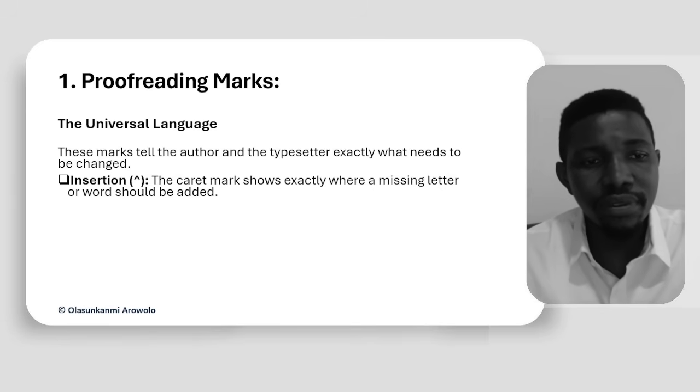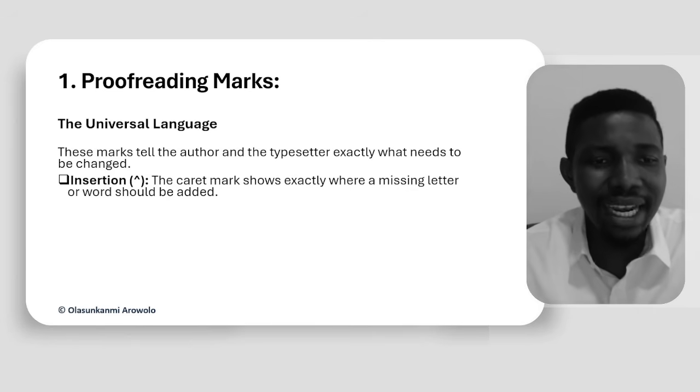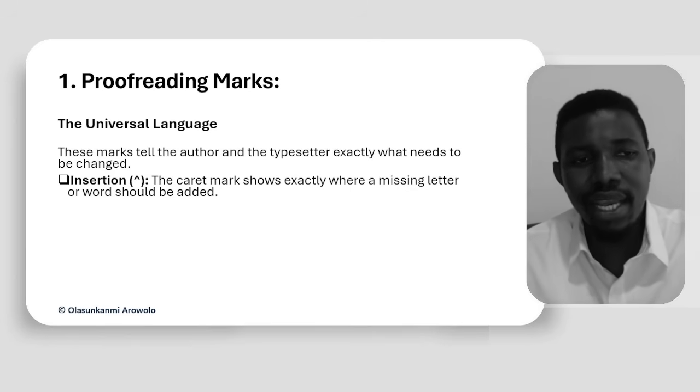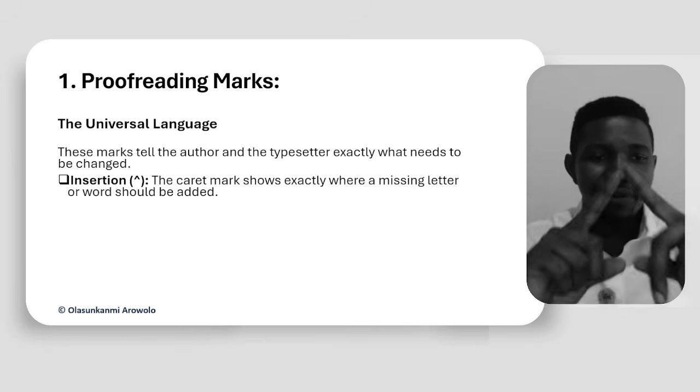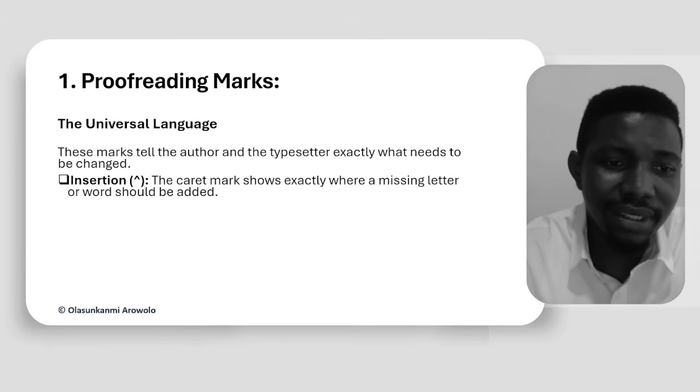The insertions, the caret mark. This caret mark shows exactly where a missing letter is. You see that arrow facing up? So wherever there is a missing letter, you make that insertion.